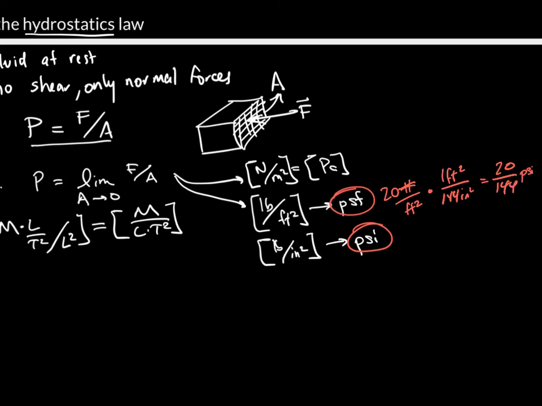If you go the other way, let's suppose you were given 72 PSI, so you've got pounds per inches squared. You'd say 144 inches squared per 1 foot squared, and then you would get 72 times 144 PSF if you had to convert. So that's how you would do that.